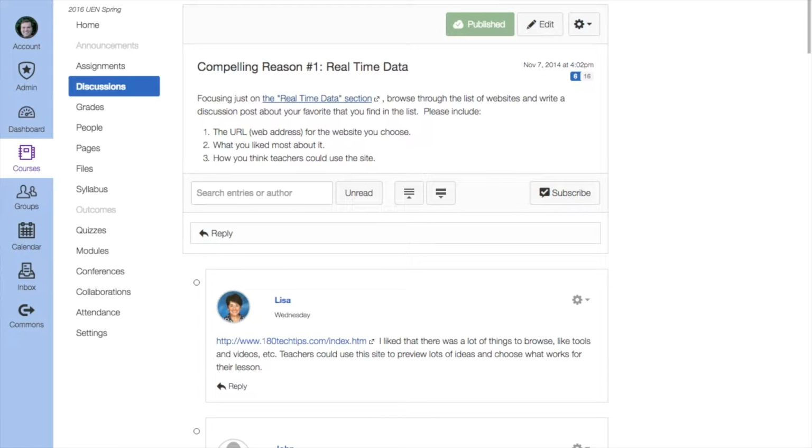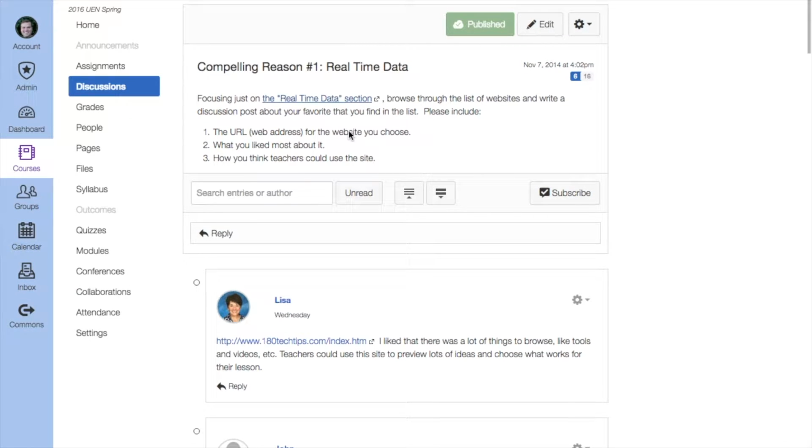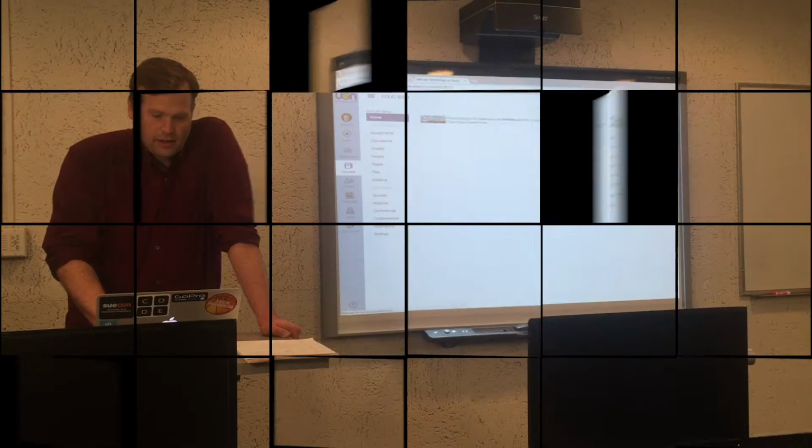After the teachers look at these examples and spend some time delving into them, they write up a discussion post about their favorite website that they discovered, and they also comment on each other's findings, and discuss how they could use these websites in their classrooms.